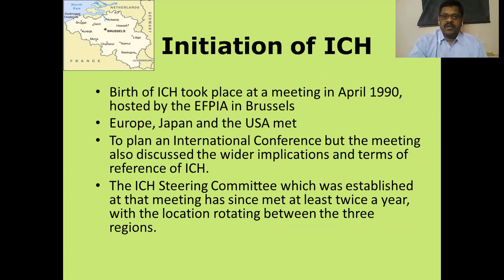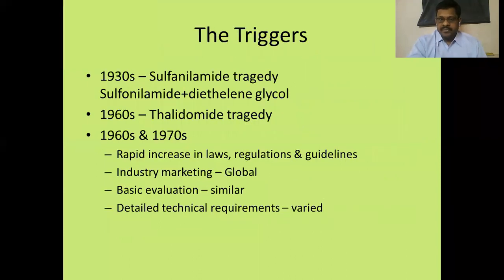It planned an international conference, but the meeting also discussed the wider implications and terms of reference of ICH. The ICH steering committee, established at that meeting, has since met at least twice a year, with the location rotating between the three regions. So the process is going on.